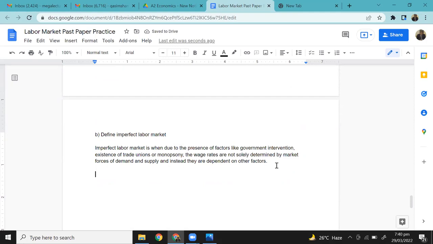Now firstly, talking about government intervention. Government might intervene in labor markets to achieve a more stable outcome through policies like minimum wages, right?